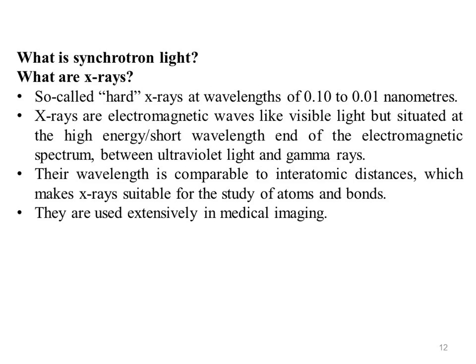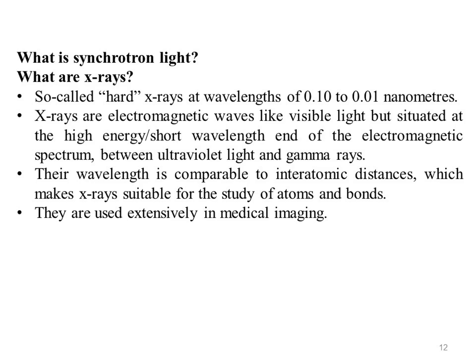Now we discuss what synchrotron light is, and first of all we discuss what X-rays are. The ESRF produces so-called hard X-rays at wavelengths of 0.10 to 0.01 nanometers. X-rays are electromagnetic waves like visible light but situated at the high energy, short wavelength end of the electromagnetic spectrum between ultraviolet light and gamma rays.